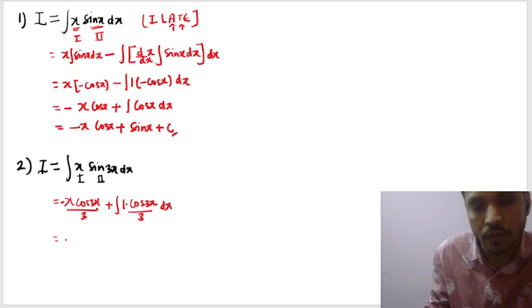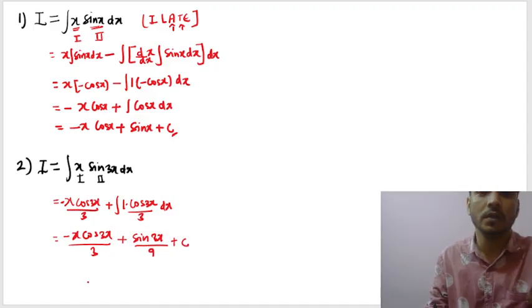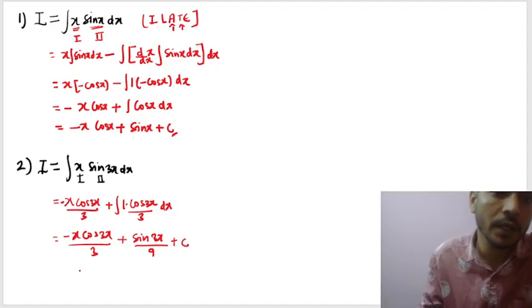So now finally 1 by 3, and one more 3 will come from here. So it is x cos 3x divided by 3, and the integration of cos is sine. So it is sin 3x, and 3 and 3 will become 9, plus c. So this is the answer of question number second.